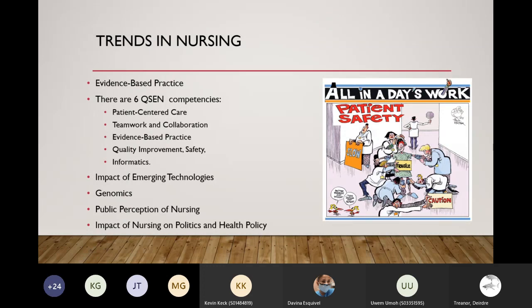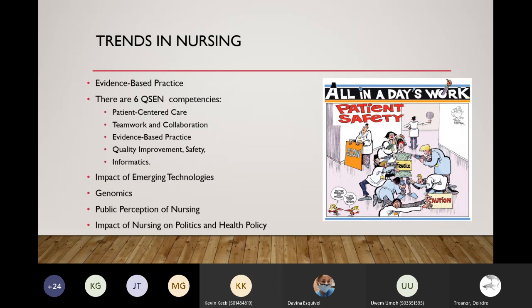There are 6 competencies: patient-centered care, teamwork and collaboration, evidence-based practice, quality improvement, safety, and informatics. If you look at those, you'll know a lot of that actually relates to the standards of professional performance.